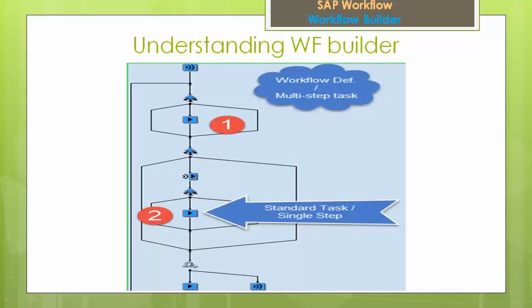From the workflow context, if I talk about steps, then we call it an activity. From the organizational perspective, I call it a standard task. From the functional perspective, a task is nothing but every job. For example, in every organization, every employee has certain activities or tasks that he has to perform. All these tasks he is responsible for are created as single steps or standard tasks, and later they associate or map these tasks to that specific job or employee.